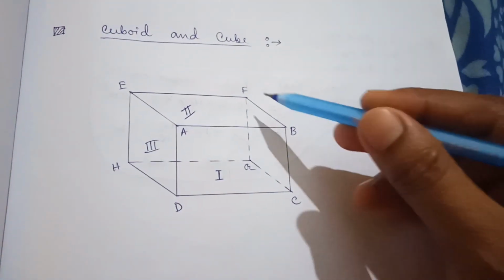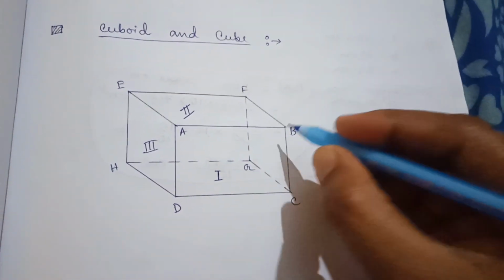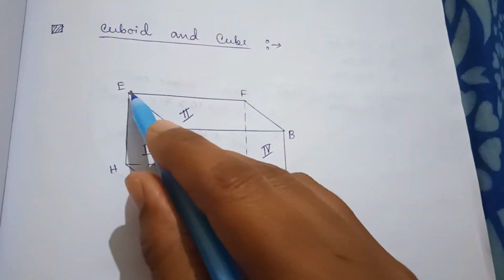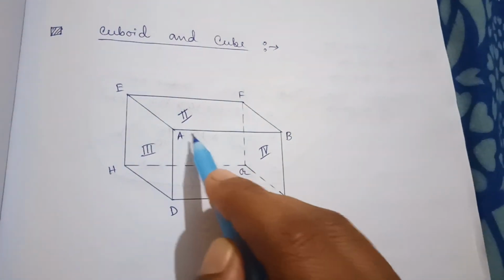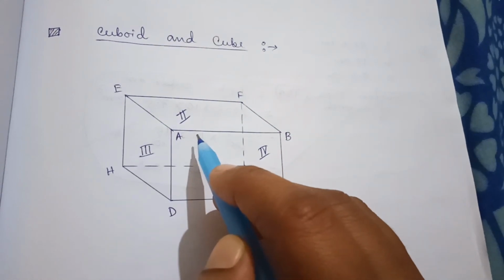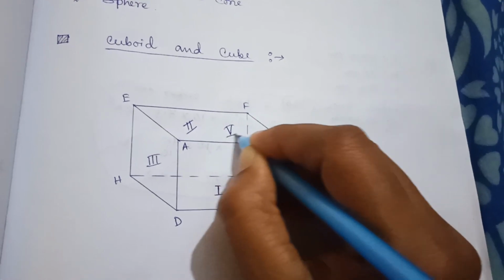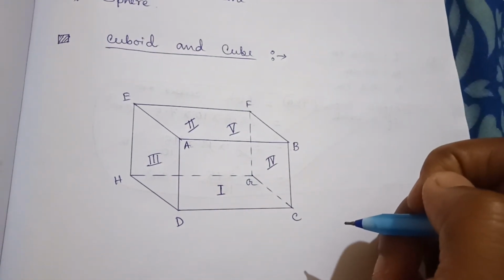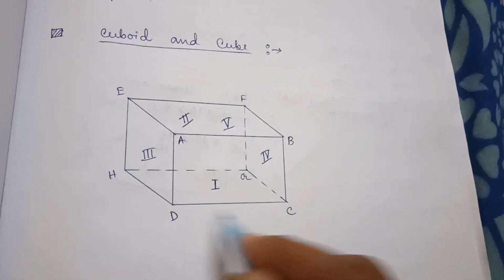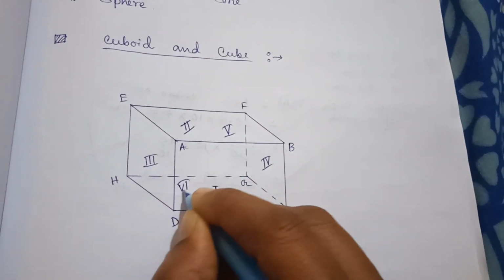Right hand side face, F, B, C, G, as number 4. Top face, A, B, F, E, as number 5. And the bottom surface, D, C, G, H, as number 6.